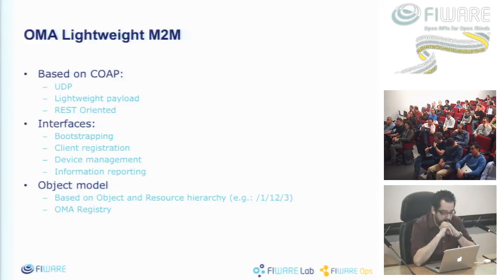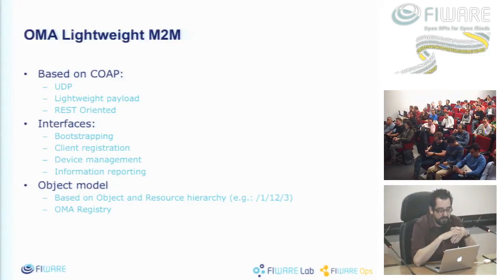The client registration features define how a lightweight machine-to-machine client, that is a device, has to connect to the lightweight machine-to-machine server. The lightweight M2M protocol is a registration-oriented protocol, so every action performed by the client should be preceded by a registration.